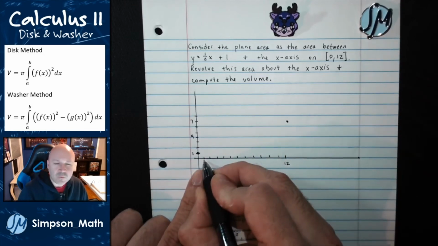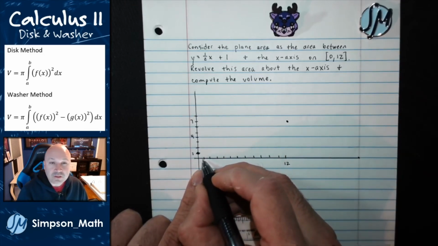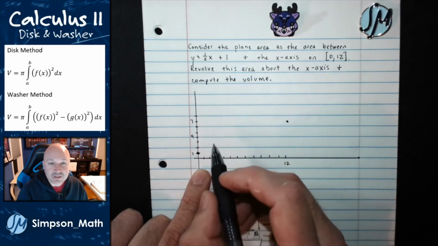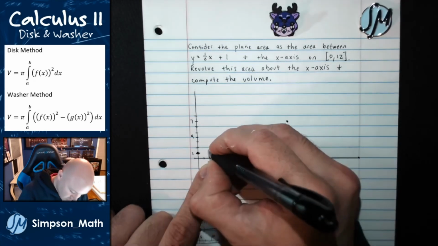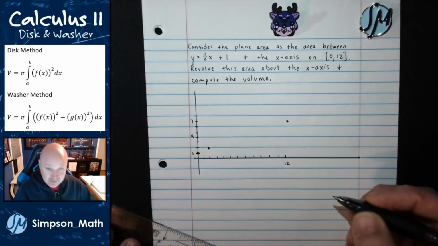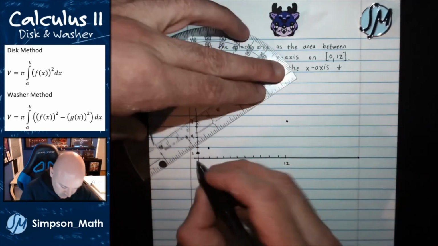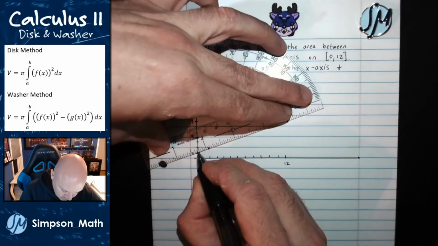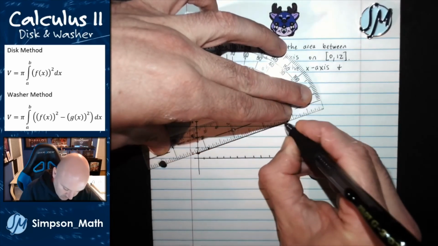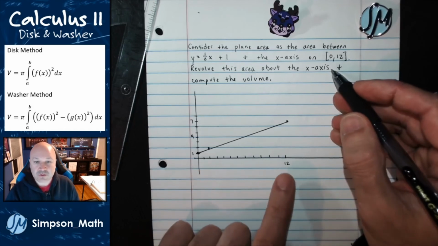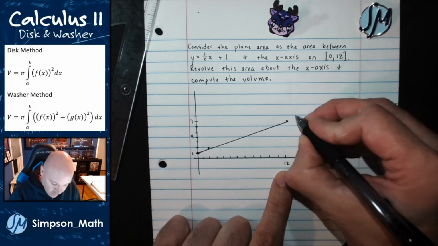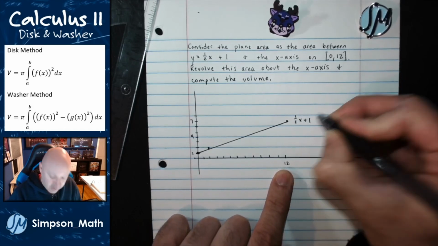If I plug in 1, I should get a fraction. So I'll plug in 2. Half of 2 is 1. I should get out 2. And I get this line. Along the interval 0 to 12, I've got this line 1/2 x plus 1.